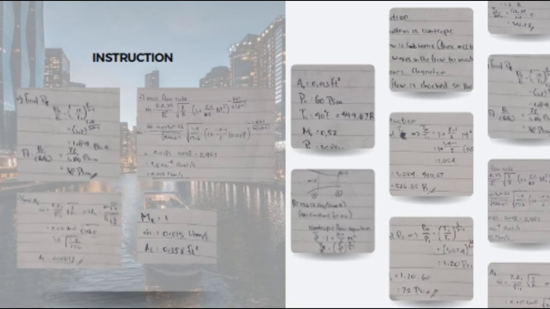So the conclusion is we get the Mach number at the throat is 1, we get the mass flow rate or m dot is 0.050 lbm per second, and we get the area at the throat is 0.258 feet squared.